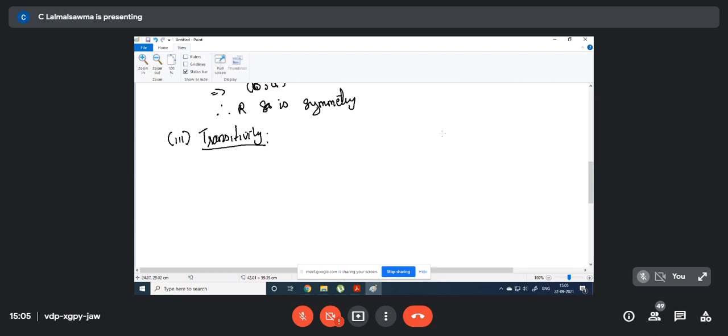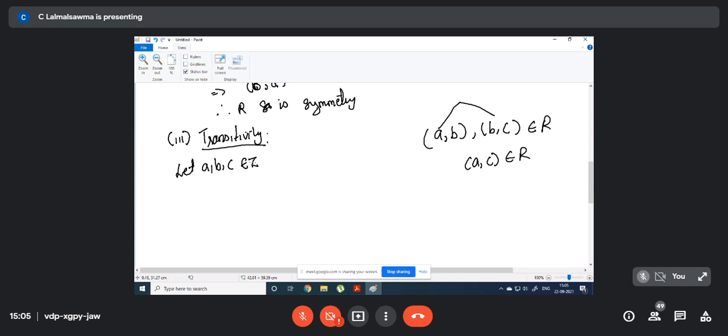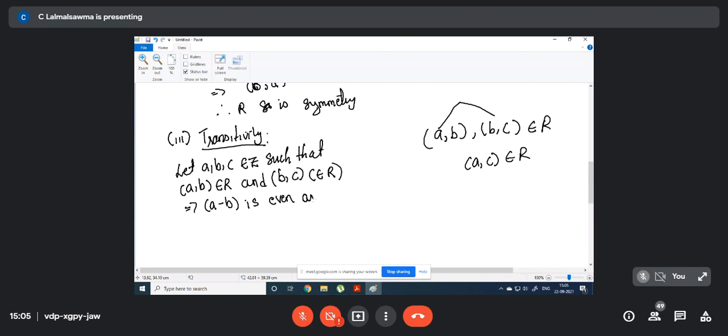In transitivity, whenever (a, b) and (b, c) belong to R, then the first and the last, (a, c), belongs to R. So we start with a, b, c, three elements of Z, such that we have two conditions: (a, b) belongs to R and (b, c) belongs to R. This implies that a minus b is even and b minus c is even.